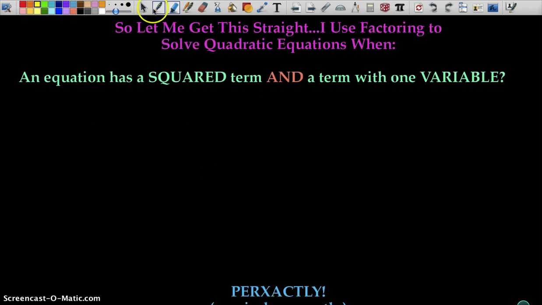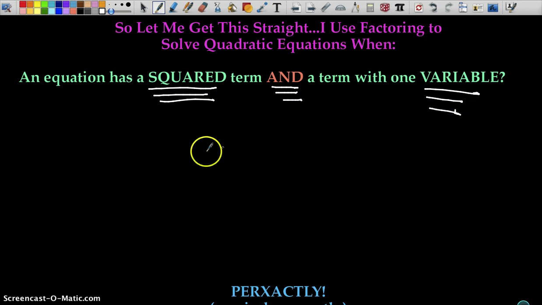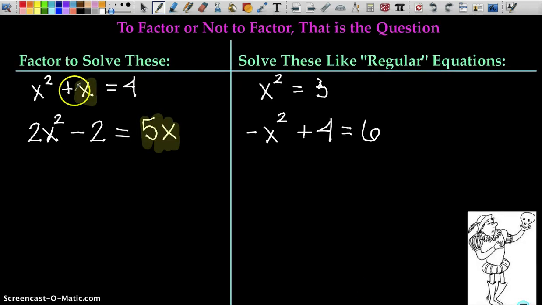It absolutely does. So you use factoring when an equation has a squared term and a variable, or a term with one variable, and that would be exactly correct. Anyway, if we come back here, what do you notice? It has x squared and x.